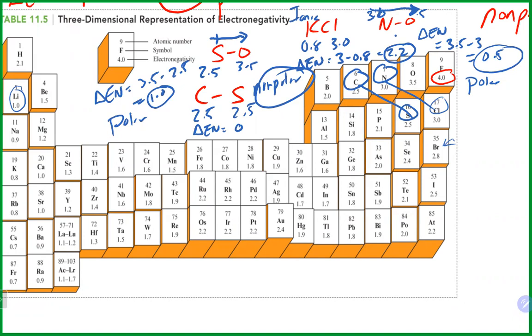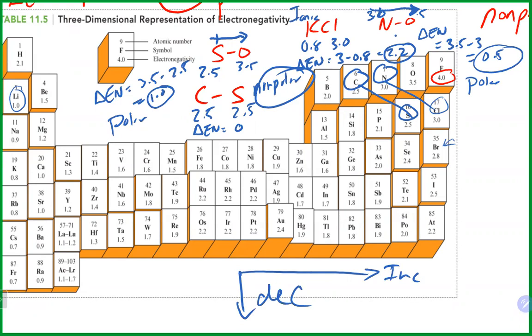Now, do you actually need the numbers? In some of the situations here, the answer is you actually don't even need the numbers. If you know the general trend in electronegativity, like we talked about, that it increases up and to the right and decreases as you go down and to the left.